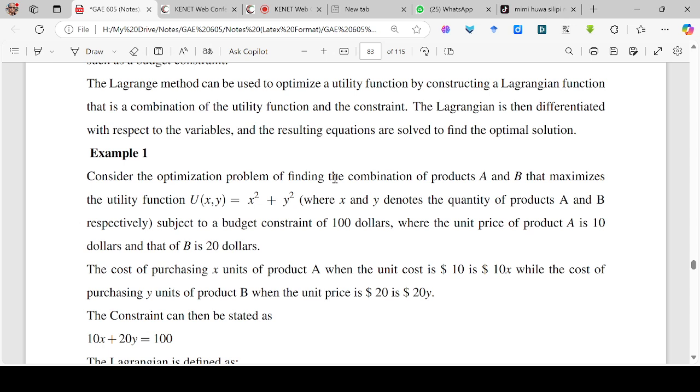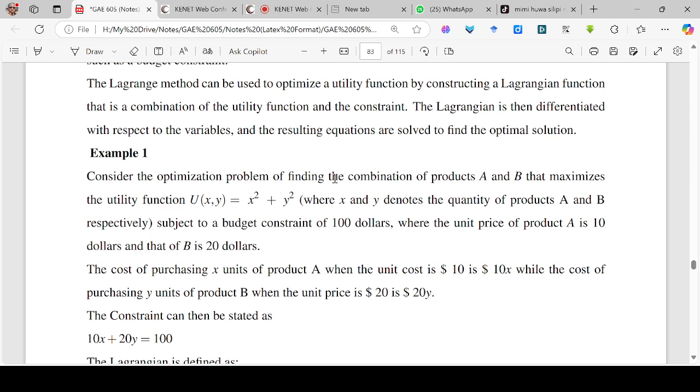This has to be maximized subject to a budget constraint of $100. The unit price of product A is $10, while the unit price of product B is $20.